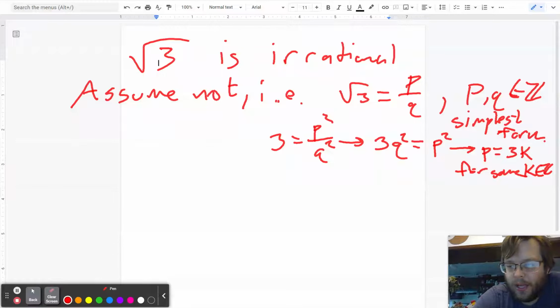That's the only way that you can get a multiple of 3 on the left side, is if there is a multiple of 3 on the right side.